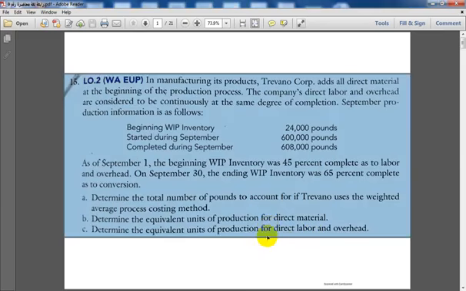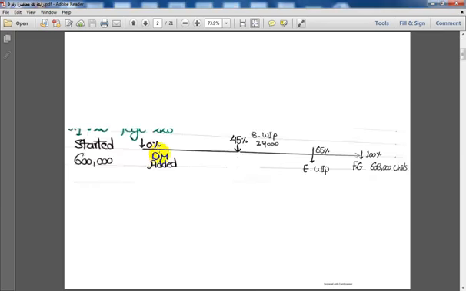To solve this exercise, we draw this arrow to represent the production process. This is the start point or 0%, and this is the end of the process, 100% complete.